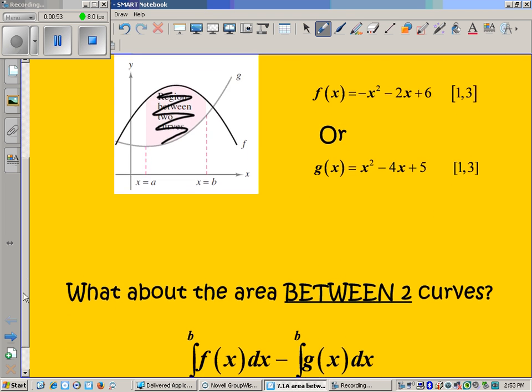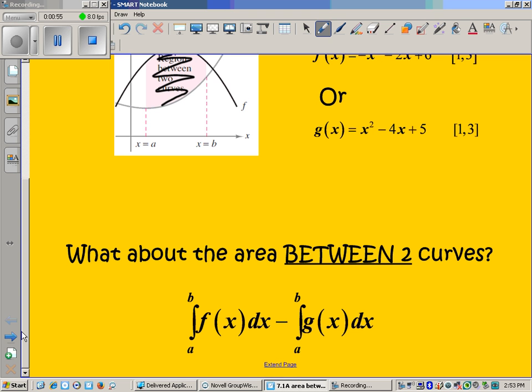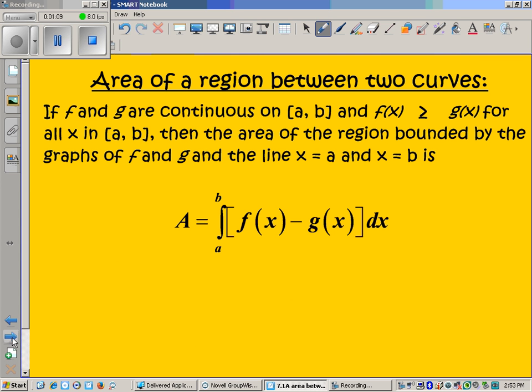So if I ask you to find me the area in between the two curves, you can find the area of the top function by integrating it, find the area of the bottom function by integrating it, and then just subtract those two values. Okay?